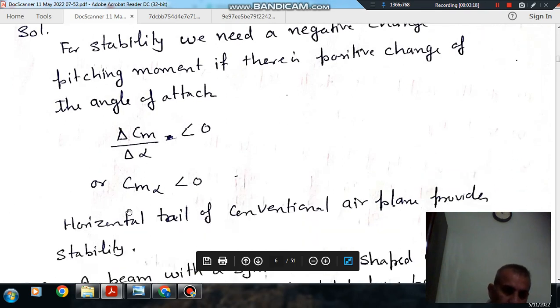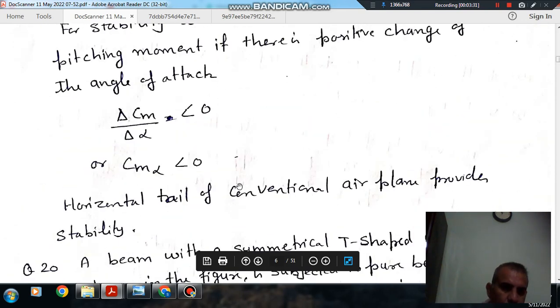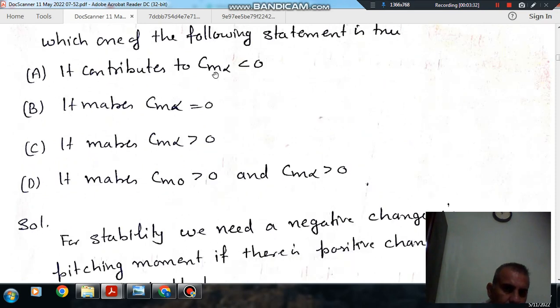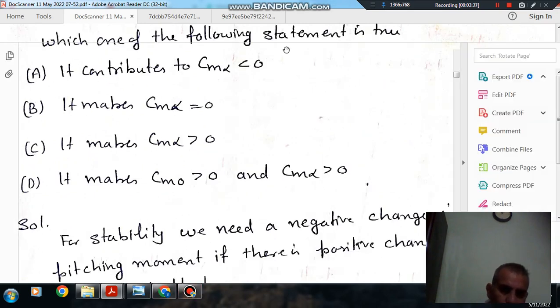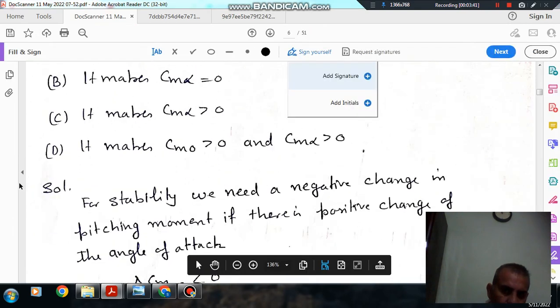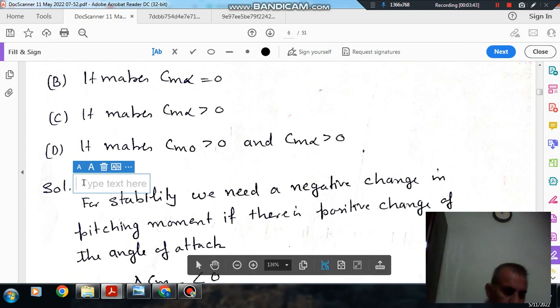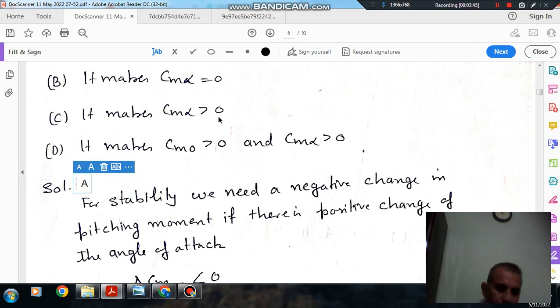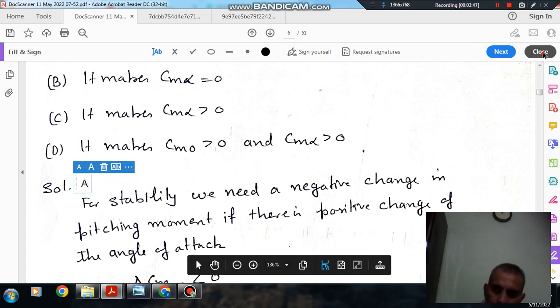For stability, the conventional horizontal tail of the airplane provides the stability, for which Cm alpha should be less than 0. So answer is option A.